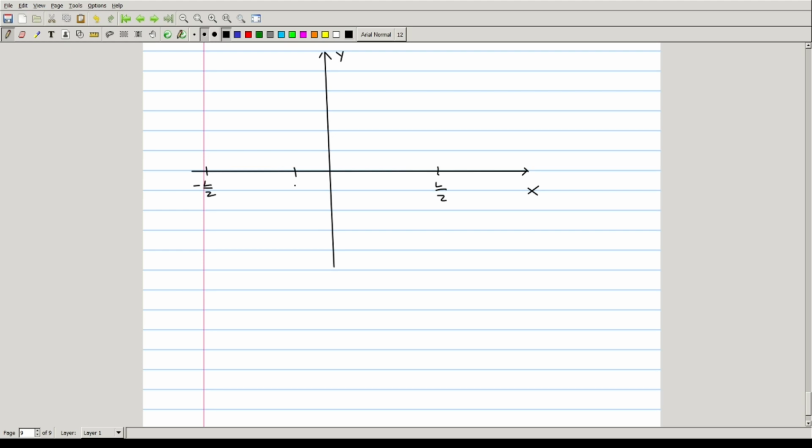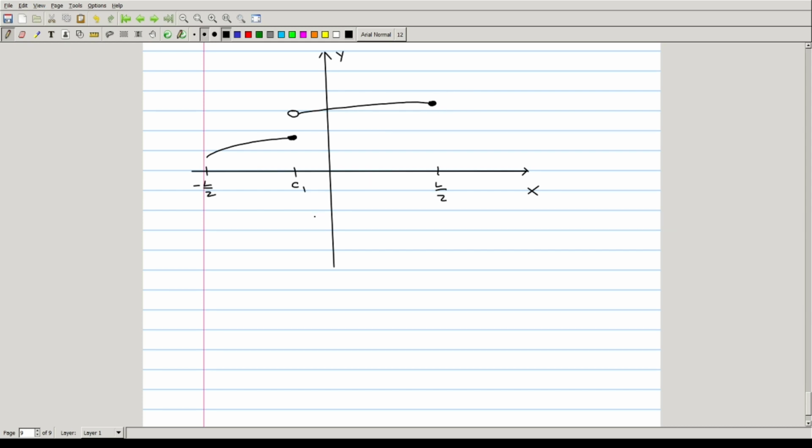And so there's maybe a discontinuity at C1, say, and the function looks like this up to C1, where then it jumps up to this point right here and continues on.